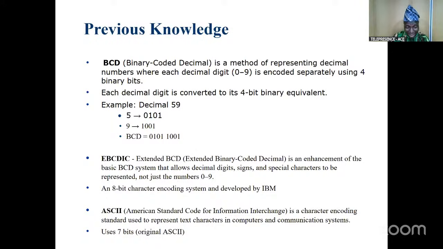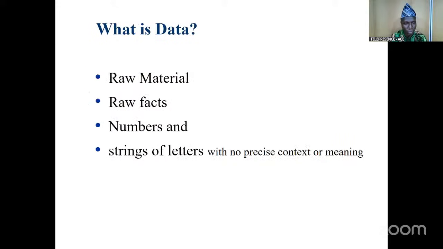We also have the ASCII code, the American Standard Code for Information Interchange. It's a 7-bit coding scheme. These were discussed extensively by the previous tutor.